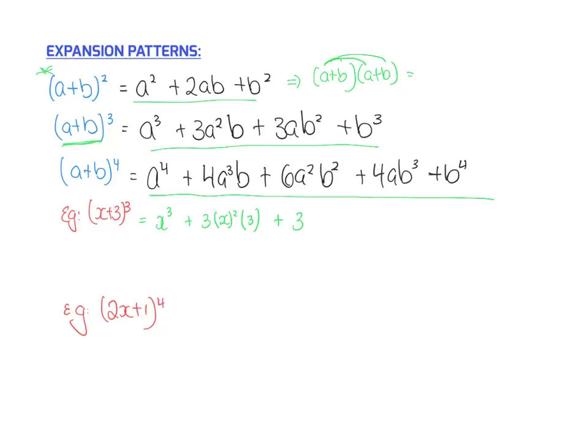Then we do 3x times 3 squared, and then plus 3 cubed. So if you quickly tidy that up, 3 times 3 becomes 9x squared, and this would be 3 times 9, so that's plus 27x plus 27.